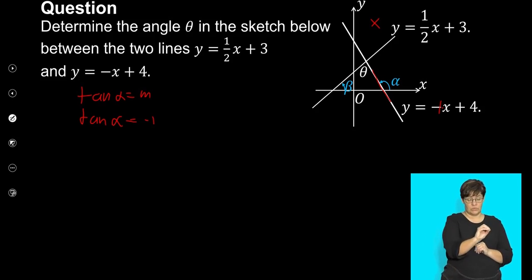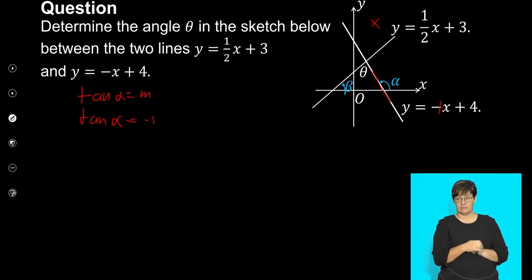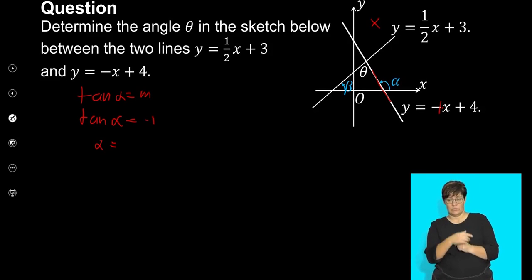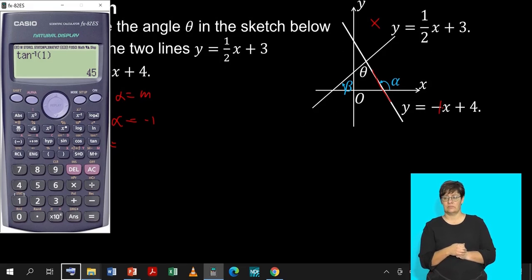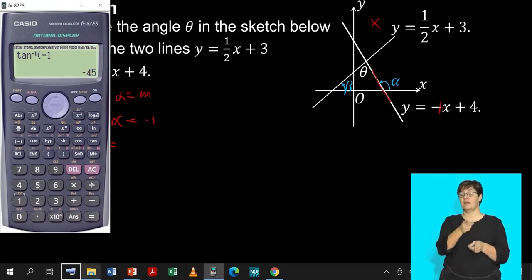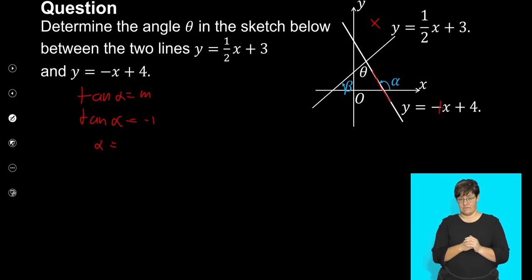I'm going to put that into my calculator. I'm going to go shift tan of minus 1, and I get an answer of minus 45.